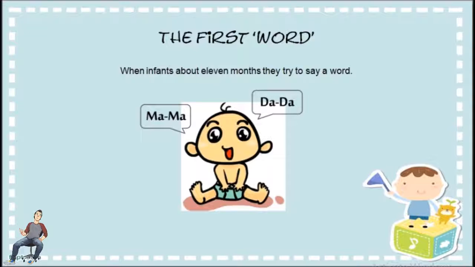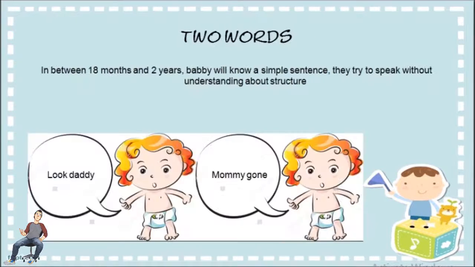To call their dad, they say dada. It's something like knowing only a word, I mean the first word. In the first word stage, the babies will know the words mama and dada.